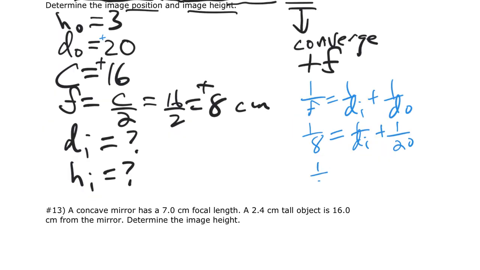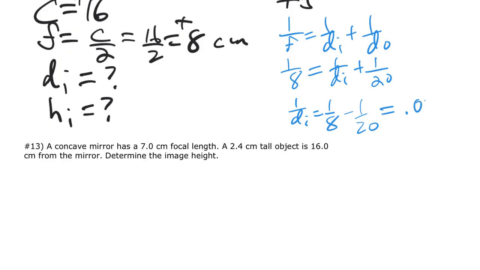So 1 over di equals 1 over 8 minus 1 over 20. That equals 0.075. So di is equal, I'm going to raise that to the negative 1 power, or divide 1 by it, and I get 13.3. Positive. So since that's positive, it's a real image. I could ask you that too.